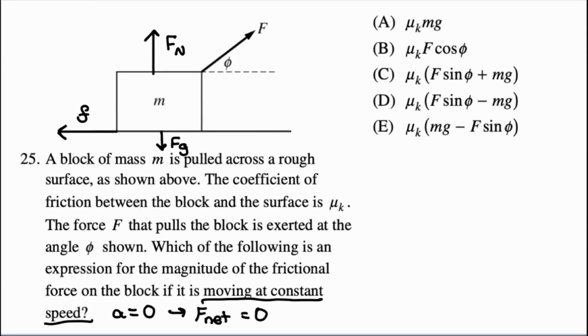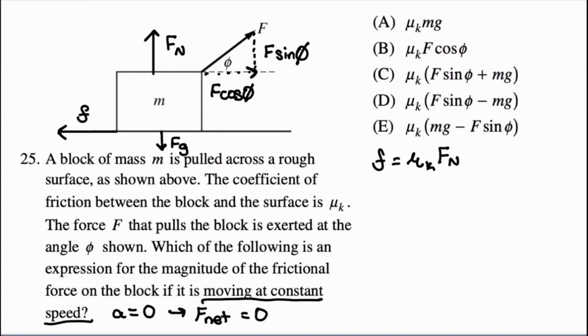And we're going to split this F into components, where this is F sine phi, and this is F cosine phi. I should be using phi instead of theta. So we know that friction is going to be equal to mu k Fn.